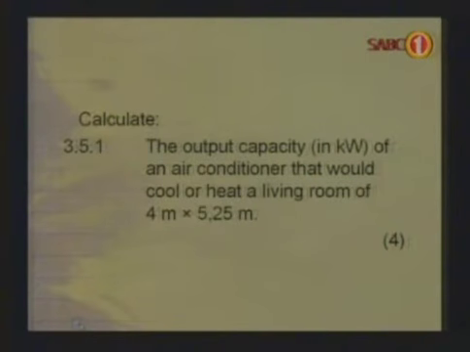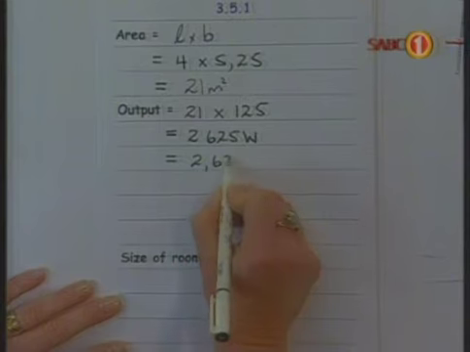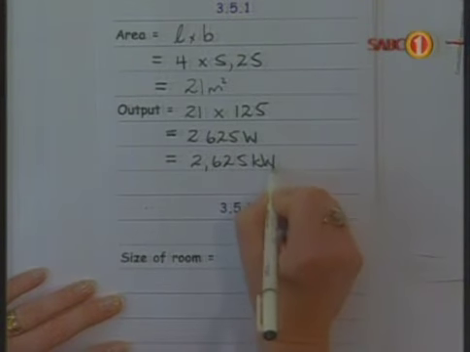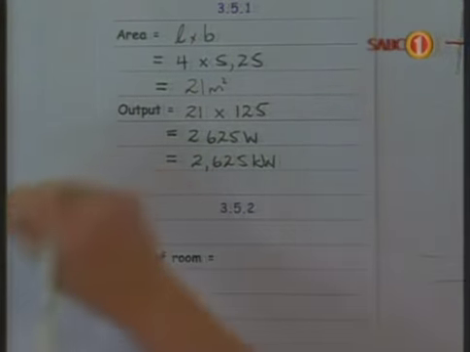Now, you need to check your instructions, and it says they want to know how many kilowatts. So we need to convert this. To convert, we divide by 1,000. So it's going to give us 2.625 kilowatts. And please remember to put your units.